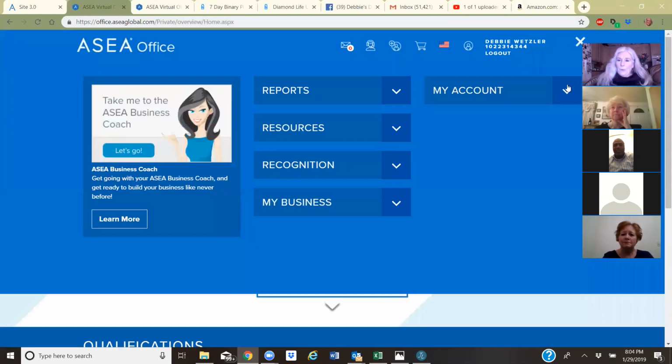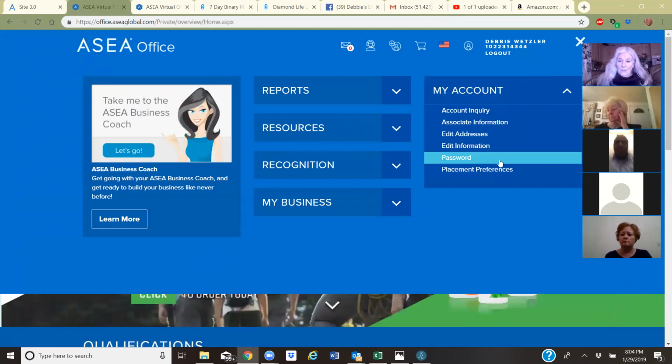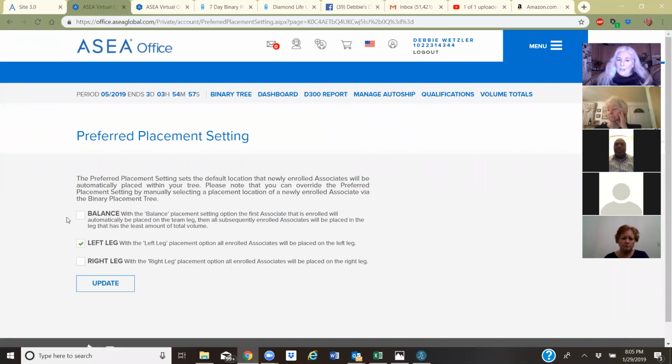If you go into menu, My Account, if you want somebody on a certain side, you go to Placement Preferences, right under My Account. Click on it. You can put it on balance. The computer will determine which side you need more people on. You can put it on the left side or right side, and then you click Update. You have to do that before you sign someone up. The next person will then be on that side.